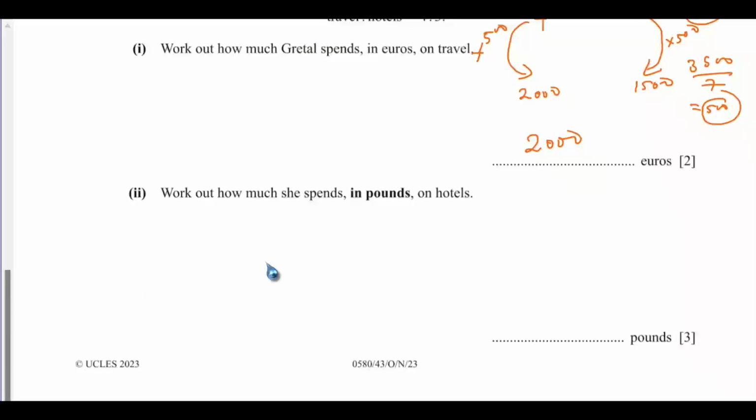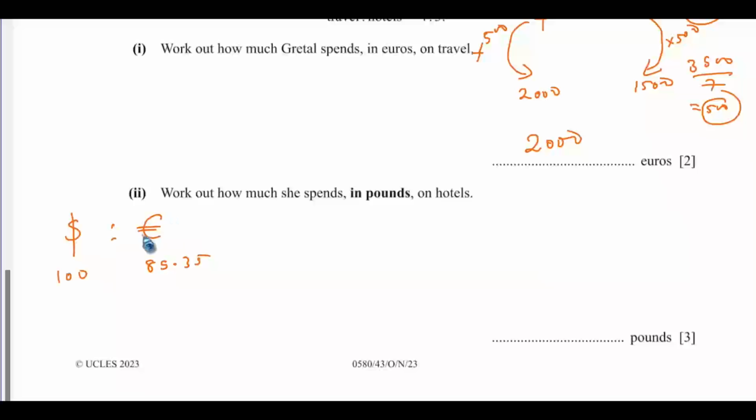Work out how much she spends in pounds on hotels. Here we need to firstly convert the euros to dollars. So we are going to have dollars ratio euros like this, and we know that $100 will give us 85.35 euros. We are converting to dollars first because we don't have the exchange rate for euros and pounds.